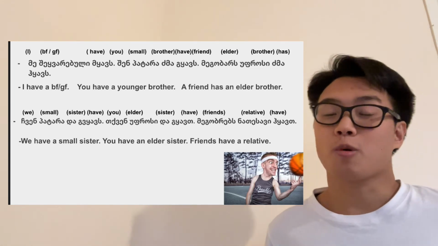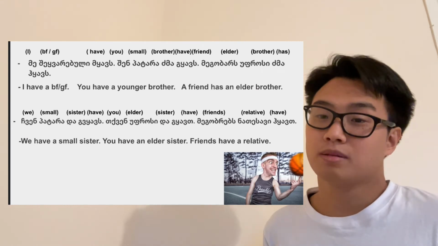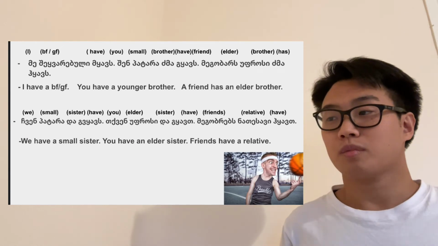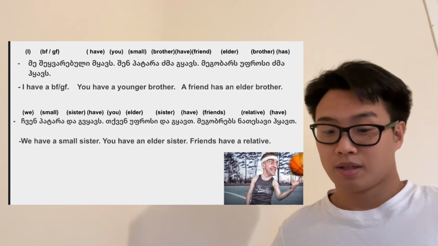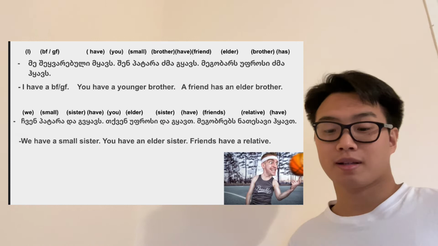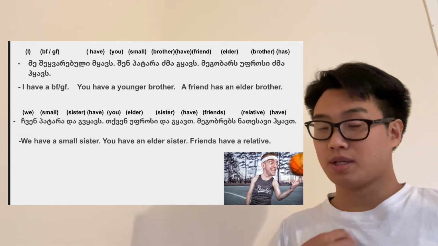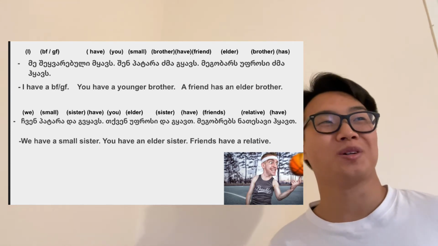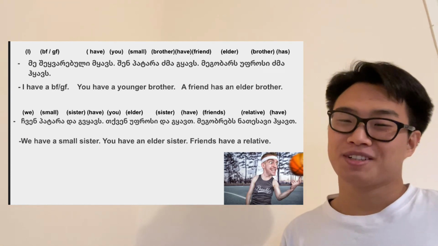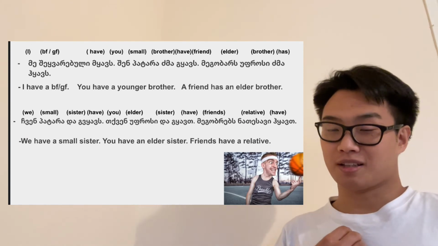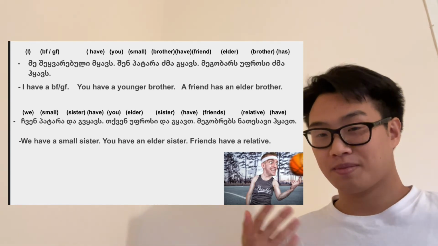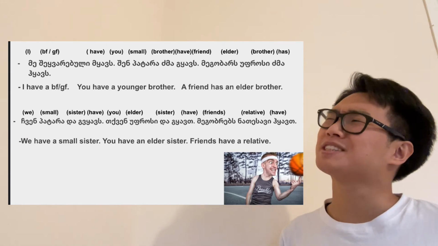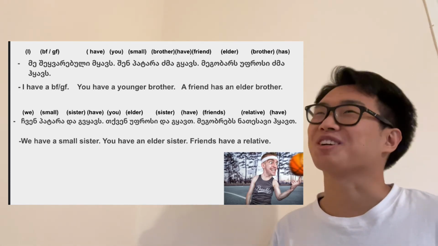Megobars, dative case, Uprosi zma, elder brother, Qaus. And fourth, Chven Atarada Qaus. Chven, we, Atarada, small sister, younger sister. We have a little sister, small sister. I don't remember English now.